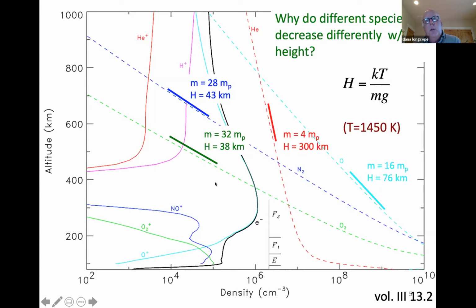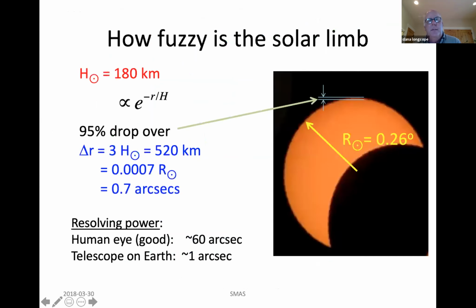This is really what you're dealing with in the region where the ionization is occurring. And you can see the electrons by themselves are not falling off at the scale height. This is coming about a different way. The electrons are being produced by this absorption, and that is the ionosphere. So what we're really interested in is this component of the atmosphere, the electrons.